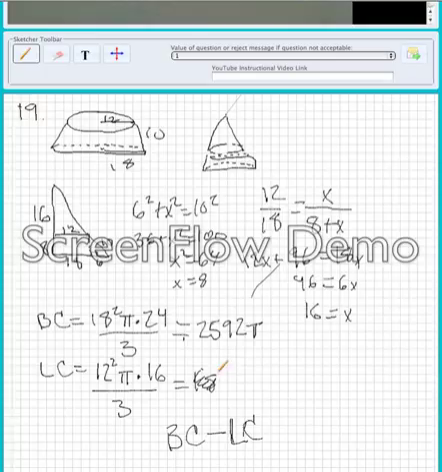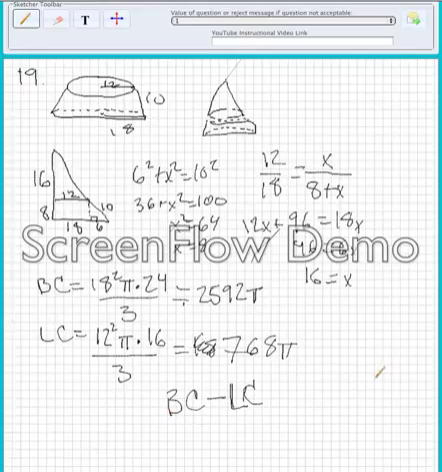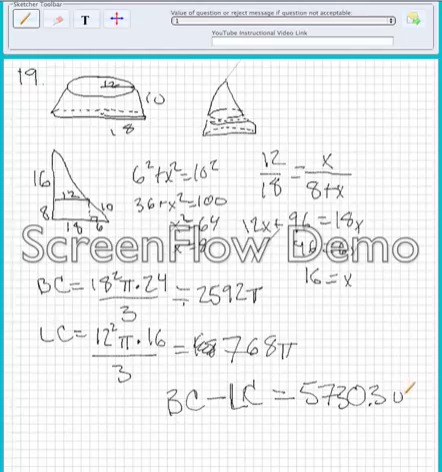And then this is 768 pi. Now, finally, we'll do each minus each other, and this is actually going to come out to equal 5,730.3 units cubed.